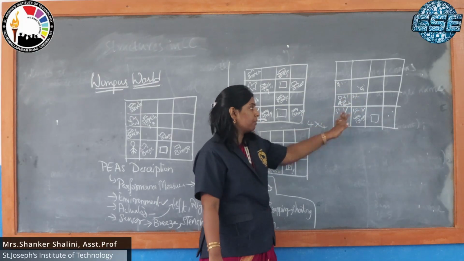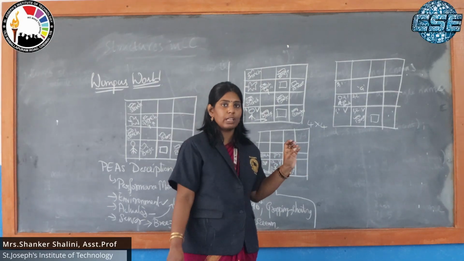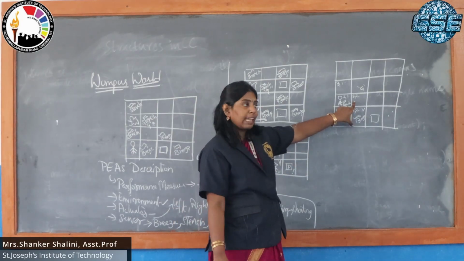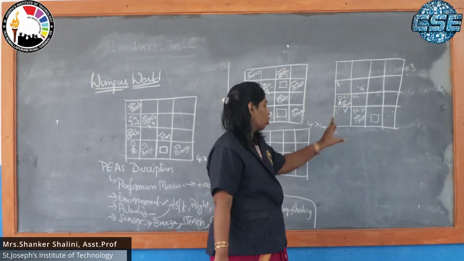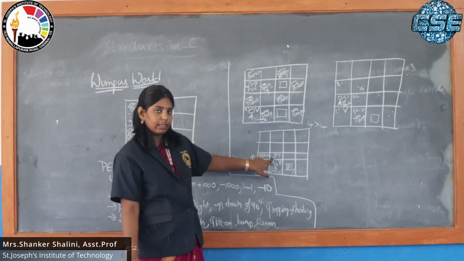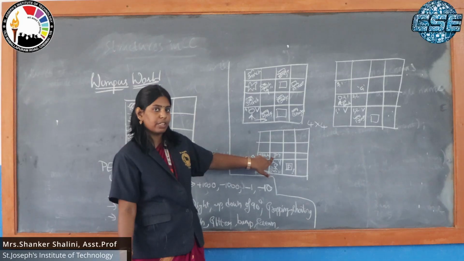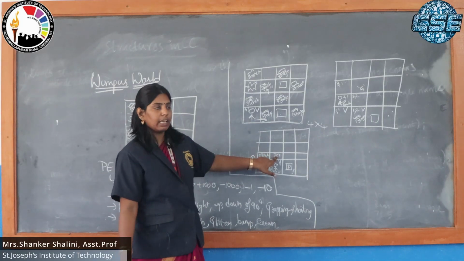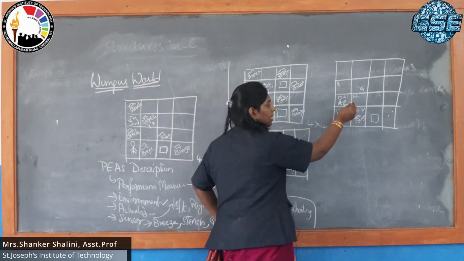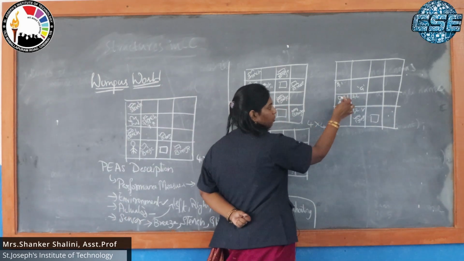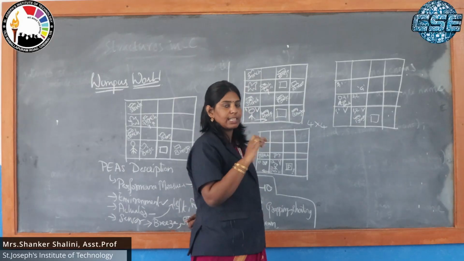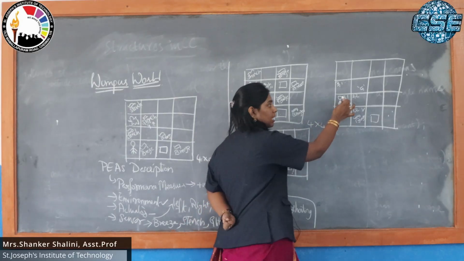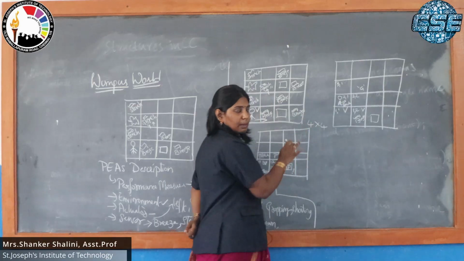But before itself, the agent has knowledge that there can be a pit here in 2, 2. The agent has a prediction. So what does it mean? Suppose there is a pit here, what will be there in 2, 1, adjacent to the pit? There should be a breeze here.